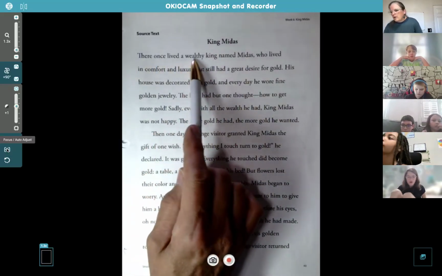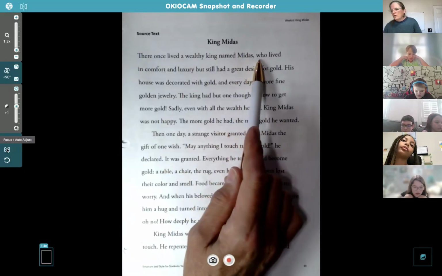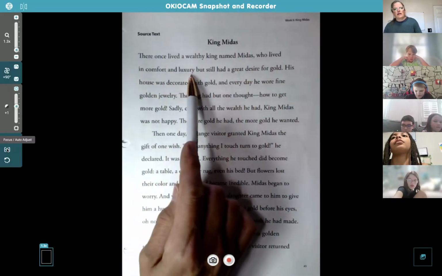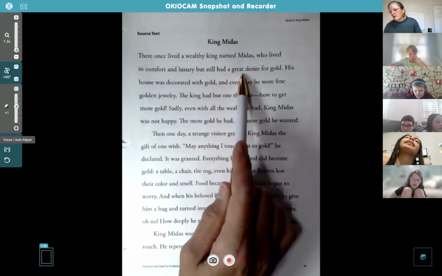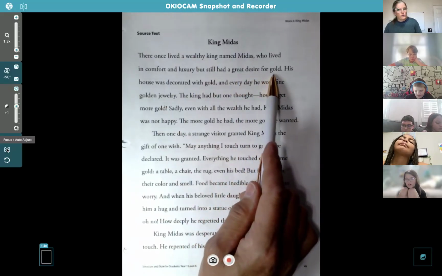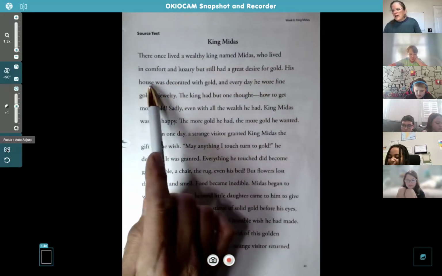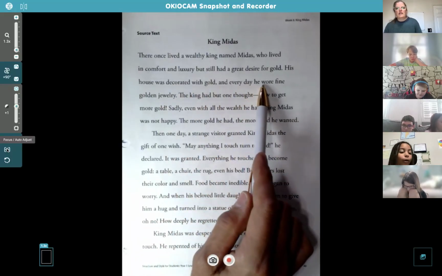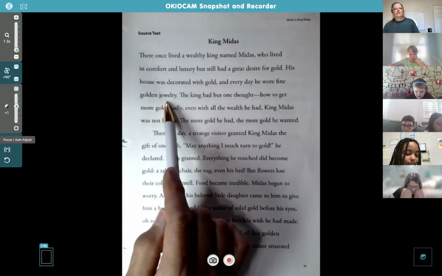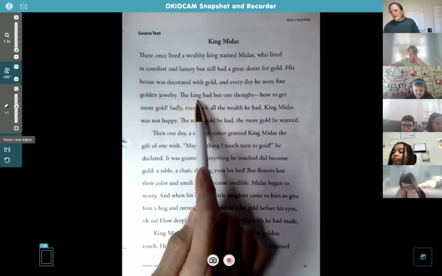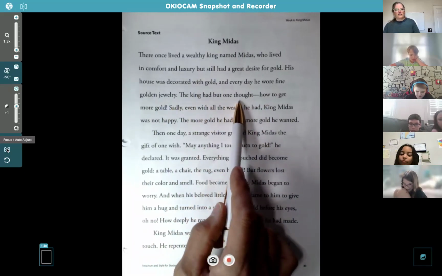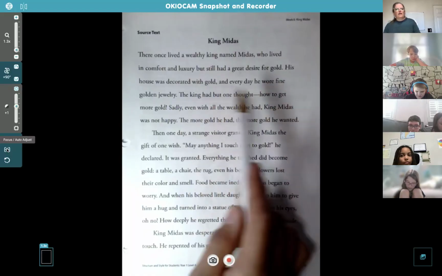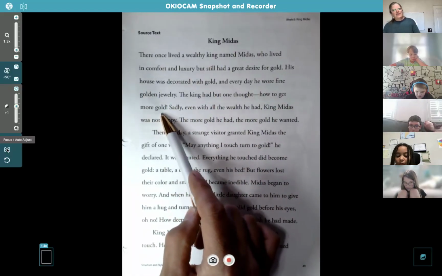There once lived a wealthy king named Midas, who lived in comfort and luxury, but still had a great desire for gold. His house was decorated with gold, and every day he wore fine golden jewelry. The king had but one thought: how to get more gold.